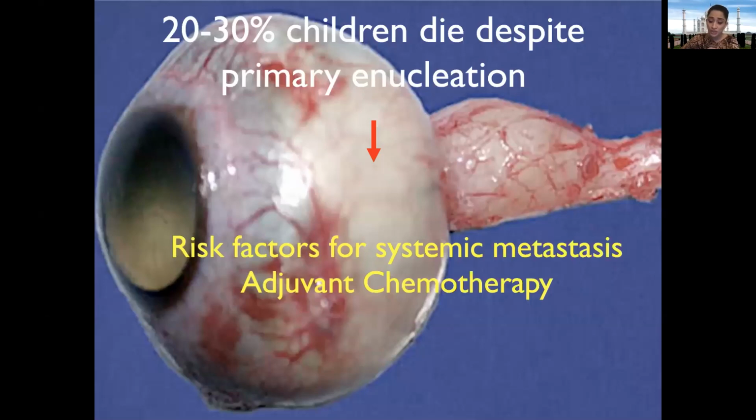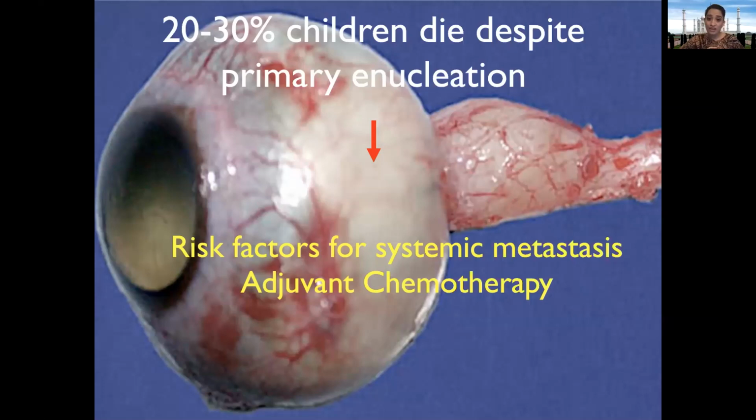Because we do see around 8,000 children per year worldwide with retinoblastoma, and unfortunately in most of the developing countries and third world countries the tumor is mostly advanced when they present in their initial presentation. So it was also noted that 20 to 30% of children, even in this era, die despite primary enucleation. Why is it so?